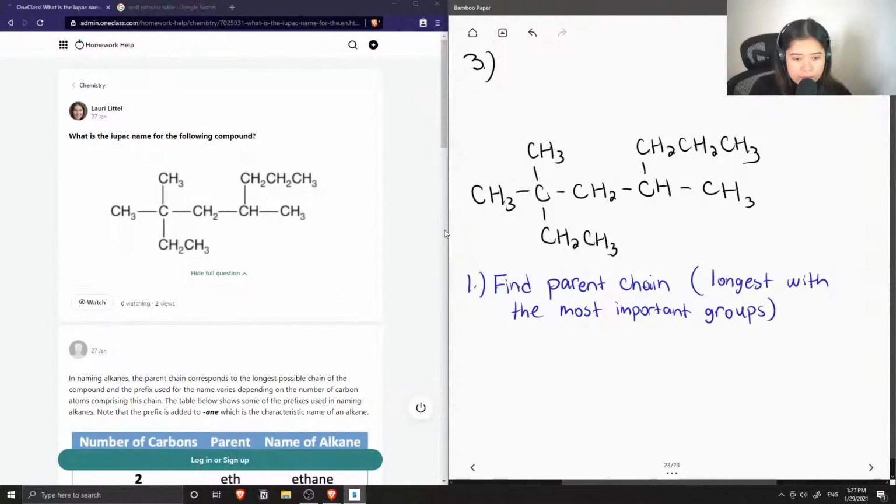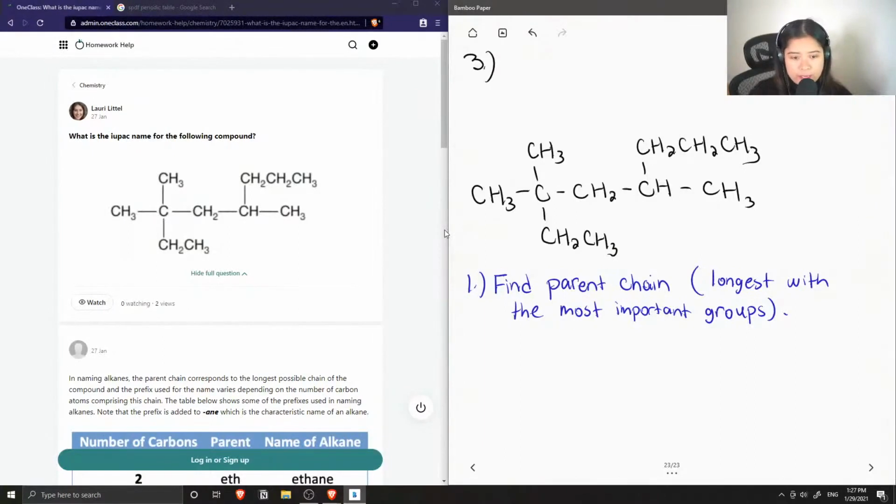Typically when we have an organic compound, sometimes there are other functional groups such as alcohol groups or double bonds, triple bonds. And this is what I mean by most important groups. But for our example, we only have a chain of carbon and hydrogens, so we're only looking for the longest chain.